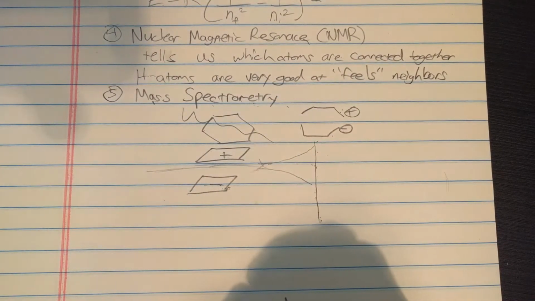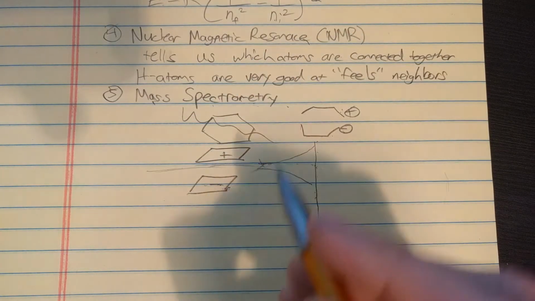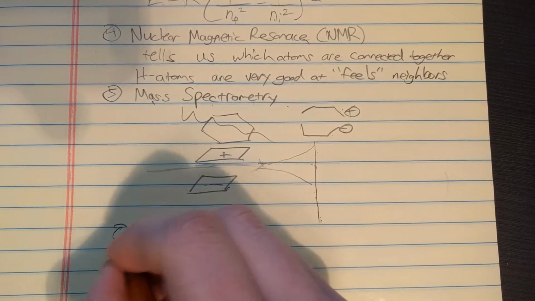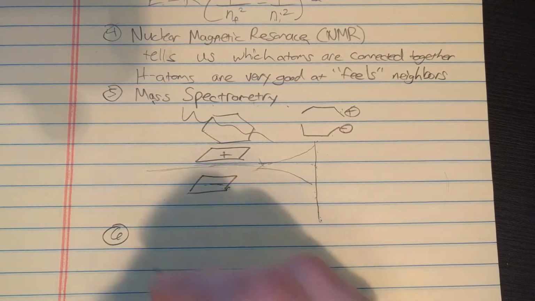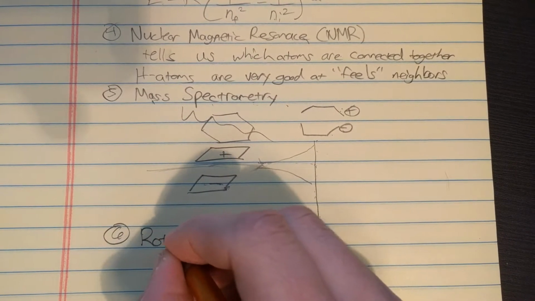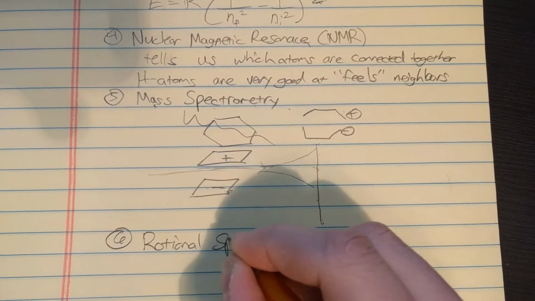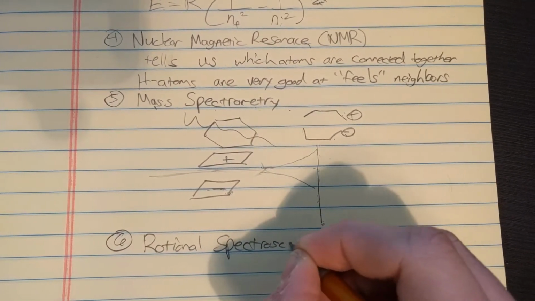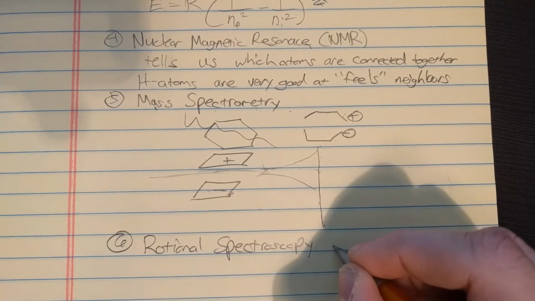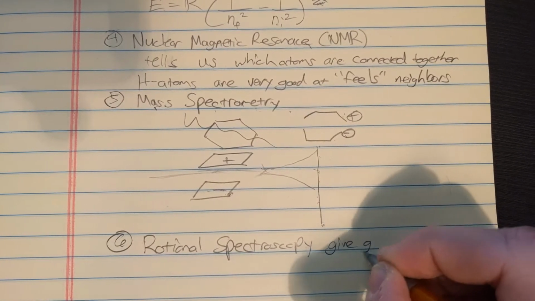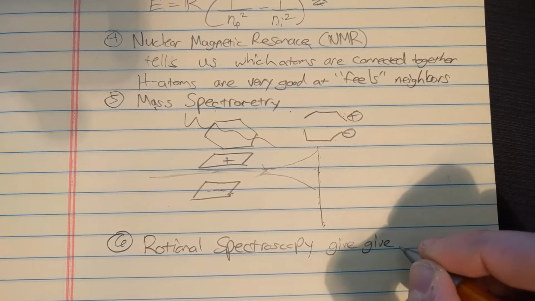Now, some spectroscopies, well, besides NMR, NMR is a spectroscopy. But some spectroscopies I've already talked about in previous videos. One is rotational spectroscopy. And rotational spectroscopy gives us the distance between the atoms.